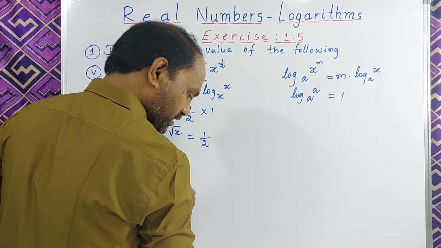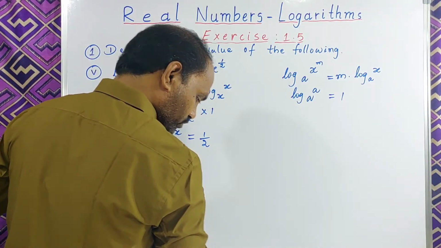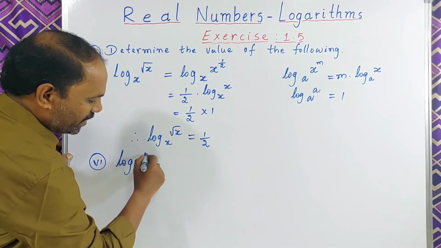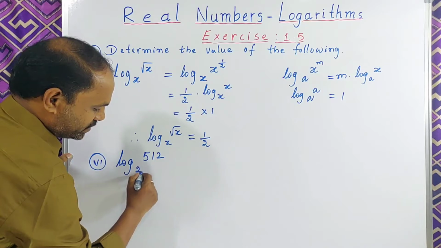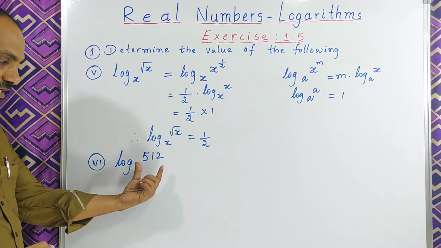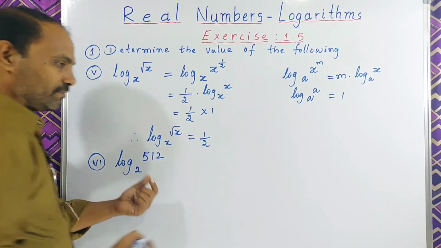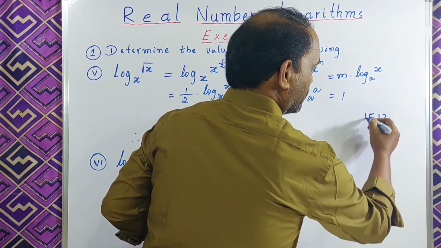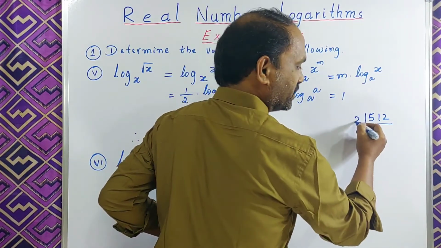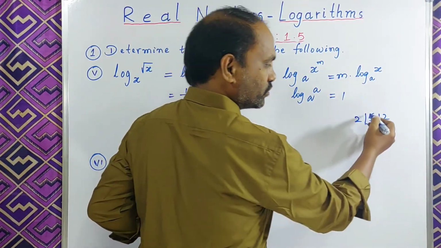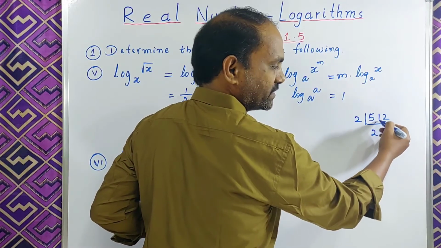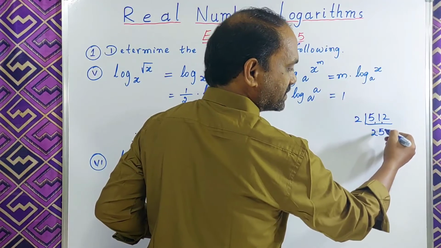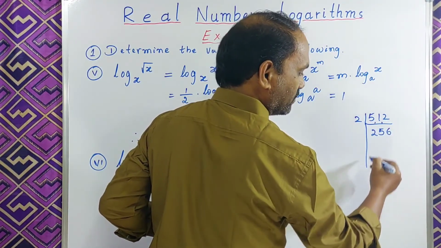What is the next question? Log of 512 to the base 2. First we should change it into exponential form. Let us check what is the value of 512. Even number, so divisible by 2. 2 2s are 4, 1 is there, 11, 2 5s are 10, again 1 is there, 6, 2 6s are 12.